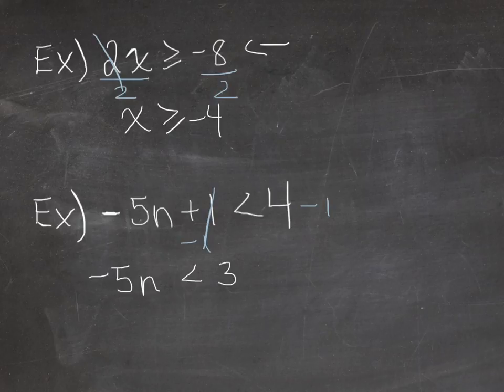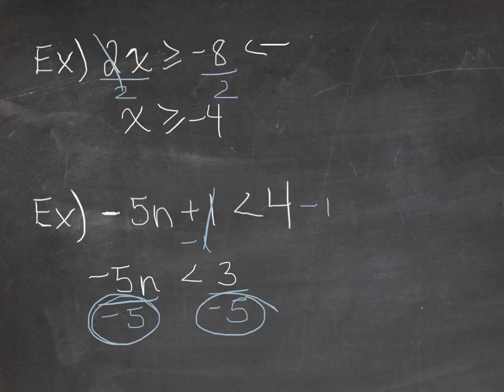And then my last step to solve for n, I need to divide both sides by negative 5. Here I divided by a negative number on both sides, so that means I need to flip the direction of my inequality. So what happens then is I have n is greater than, I have to switch the direction, negative 3/5.